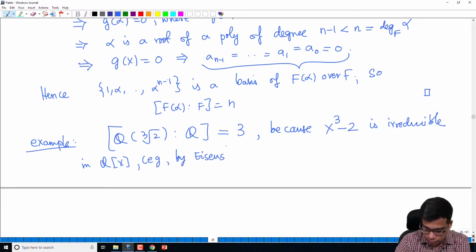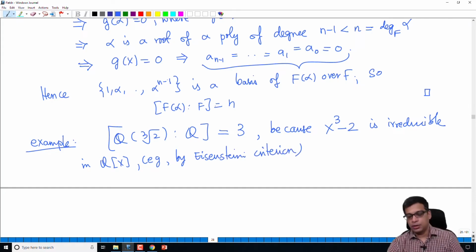Remember in our ring theory part, we discussed the Eisenstein criterion. To check that this is irreducible, we need to find a prime which divides all the coefficients except the leading coefficient, and such that the square of that prime doesn't divide the constant. Here 2 divides all the coefficients except the leading coefficient, and 2 squared does not divide 2. So this is irreducible.